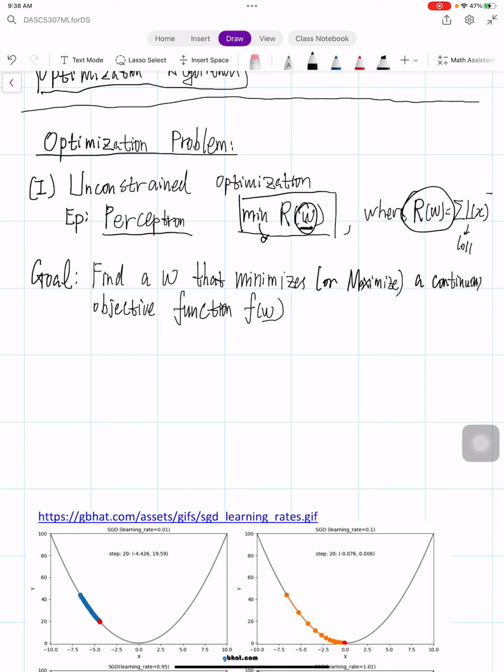We solve for the weights. Usually we want to solve a smooth function f. So what does smooth mean? Smooth means the derivative is continuous too. The derivative, the gradient, if you have a vector, is continuous.